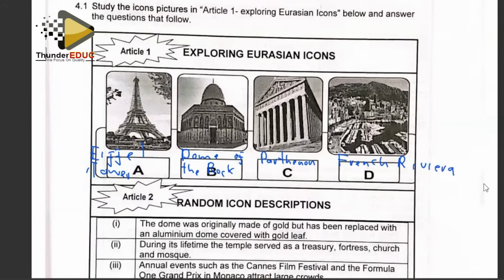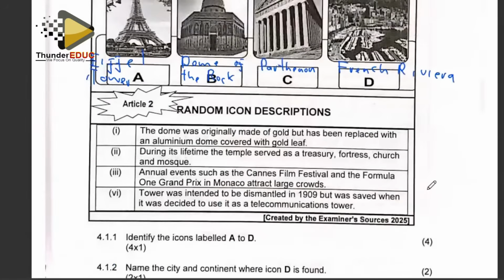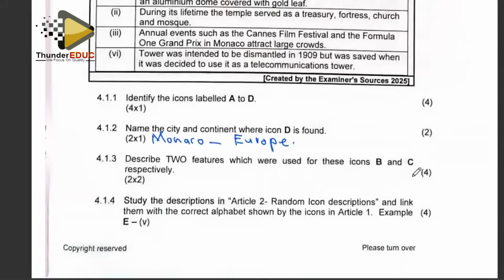So those are the 4 icons which appear there. Then name the city and the continent where icon D is found. So in terms of the city, this is basically Monaco. Then continent, that is Europe. Remember, this is France. That is Europe. Then 4.1.3, explain 2 features which were used for this icon B and C, respectively.